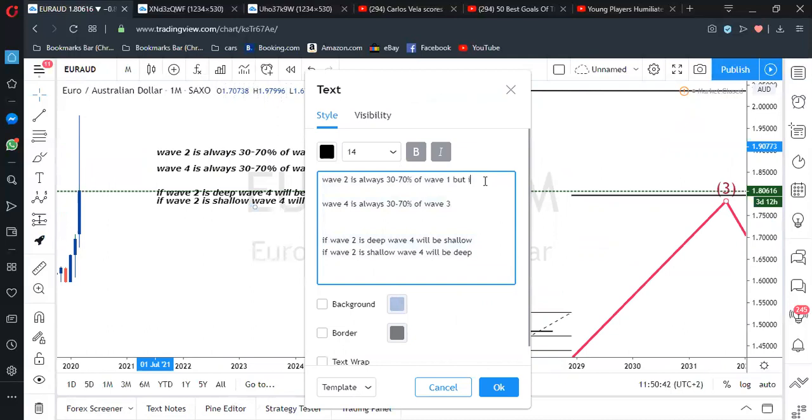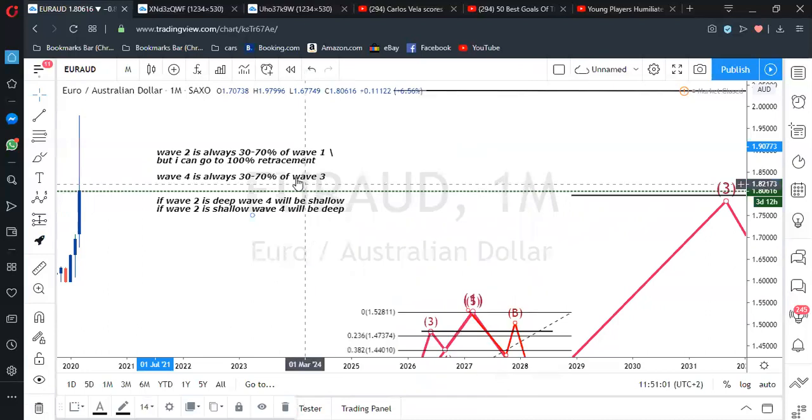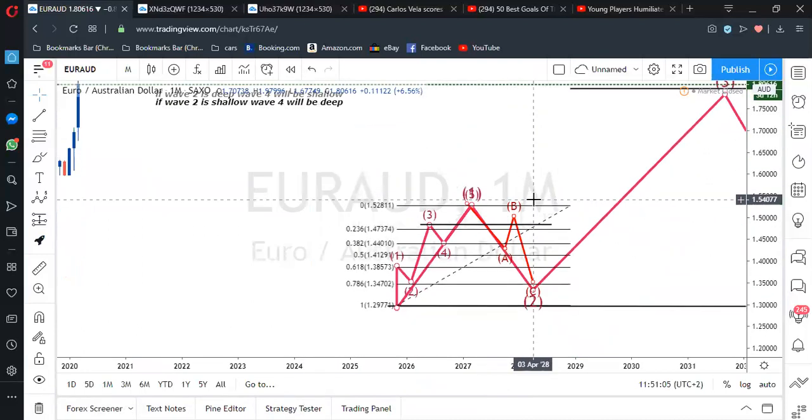But let me add something. Let's put it down here. It can go to 100% retracement. Yes, it can also be 100%. It's possible because we can't control the market.